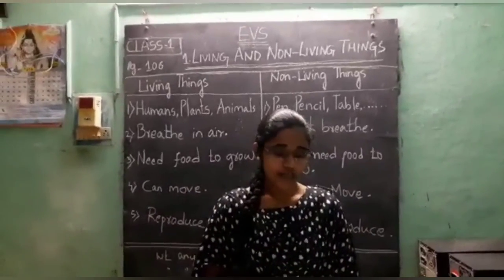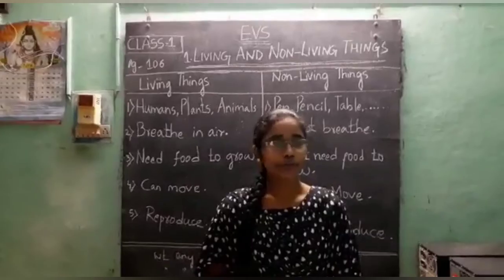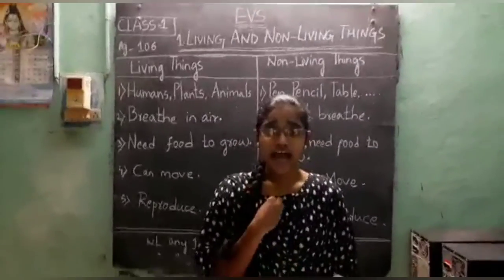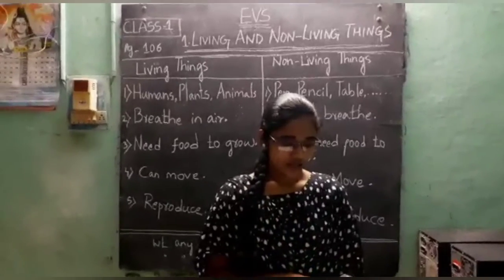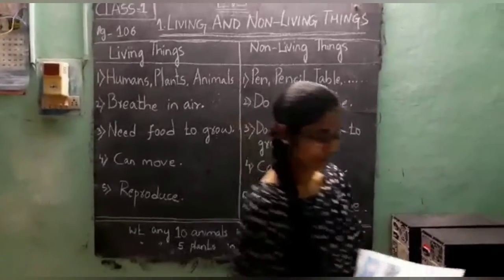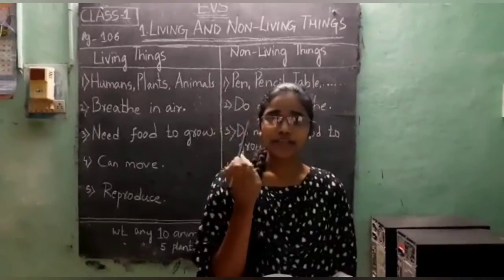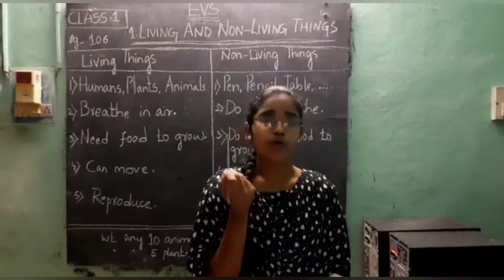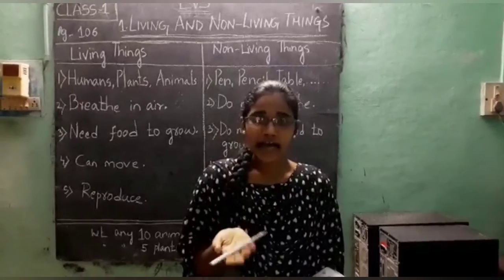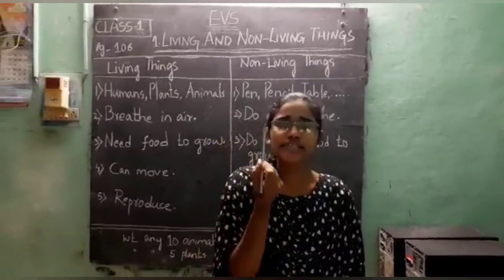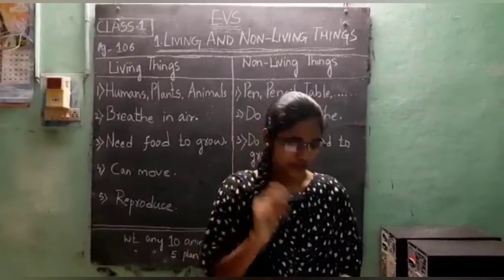But non-living things cannot move because they don't have life in them. Let's take an example of a pencil. Can the pencil move by itself? No, unless I make it move, because the pencil does not have life in it.